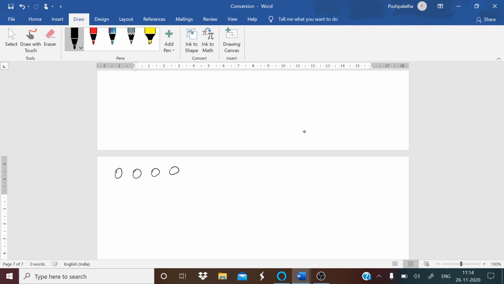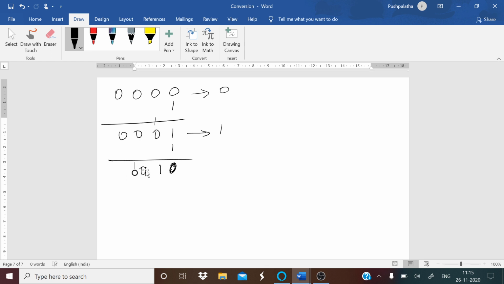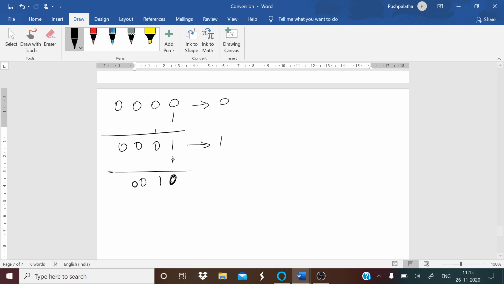The method will be the same, that is add 1. So this is represented as 0, and then 0 plus 1 gives 0001. This becomes your 1, and then add 1 to this. 1 plus 1 is 0 with a carry of 1, 1 plus 0 is 1, so 0010.